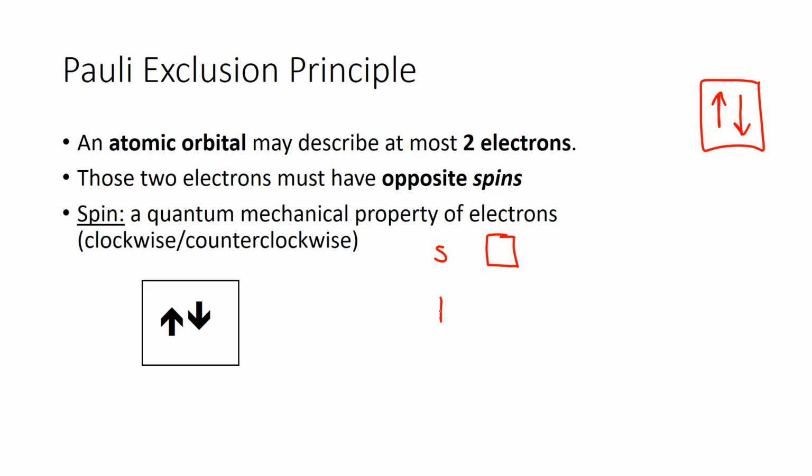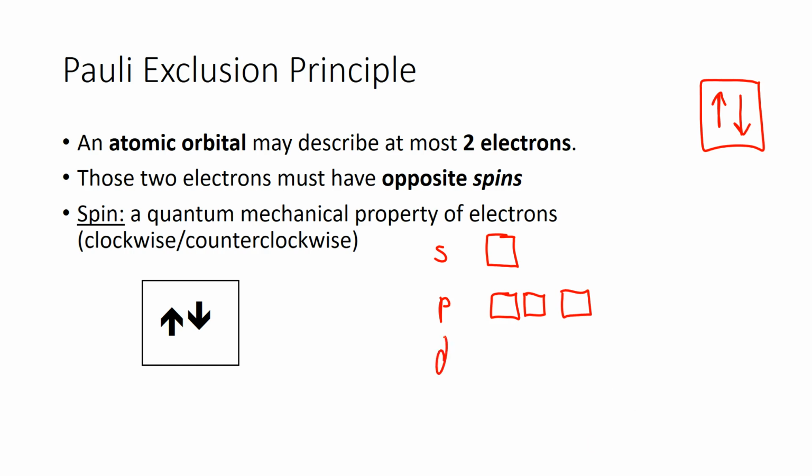How many orientations can a P have? 3. So a P sublevel would be represented by 3 boxes, each one containing 2, for a total of 6. So I can have 2 electrons here, 6 total here.